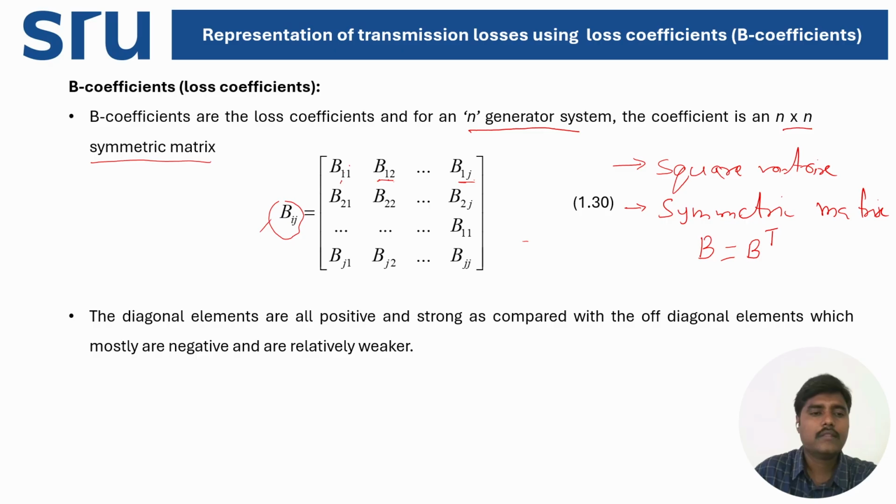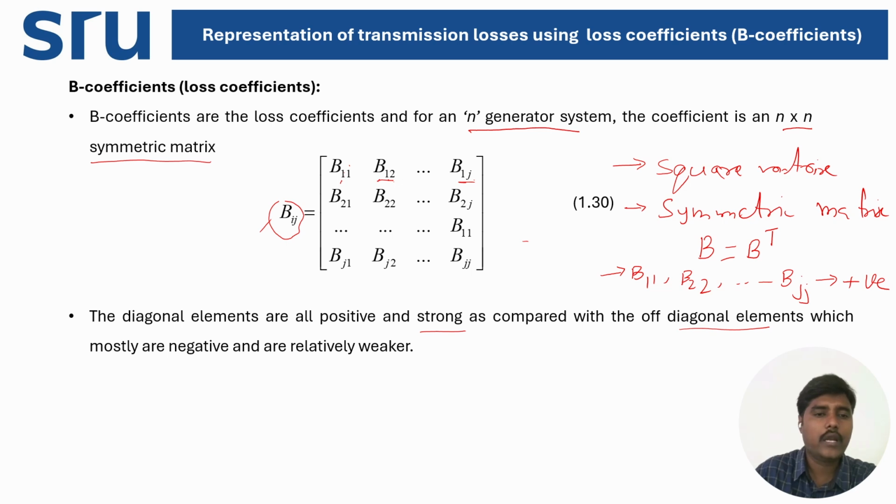The next observation is about the diagonal elements B11, B22, and so on up to Bjj. All these diagonal elements are positive in nature and very strong compared to the off diagonal elements.